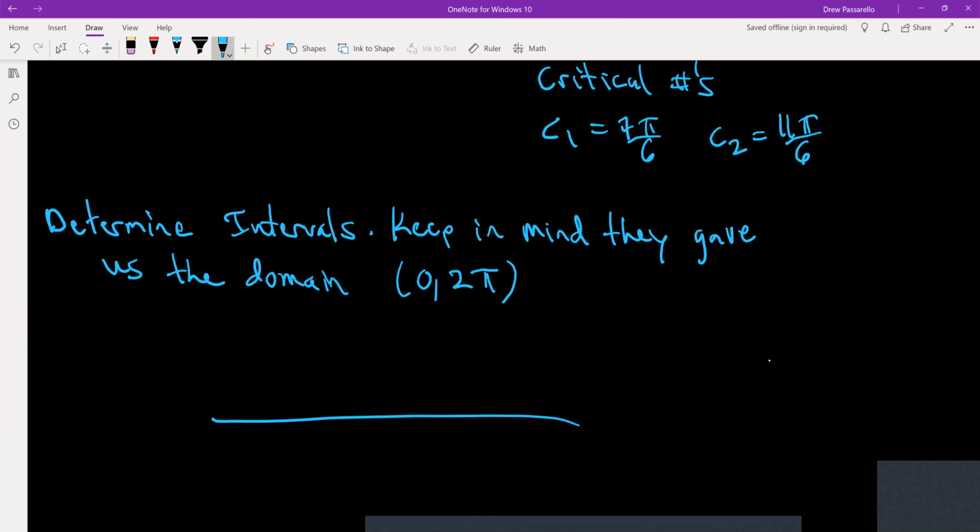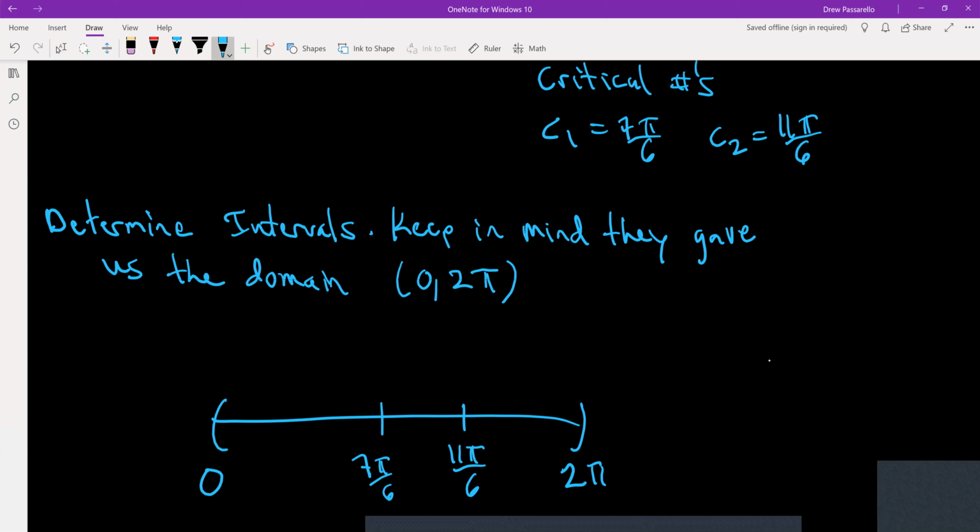And since it's in parentheses, I'll put parentheses at the endpoints. So here's 0 and this is 2 pi. Then 7 pi over 6 is somewhere here, and 11 pi over 6 is somewhere here.